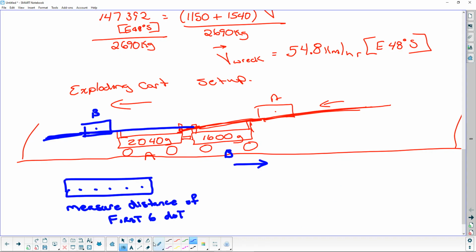Okay? Ticker tape A, same thing. Okay, so let's say that this one was 3.2 centimeters.